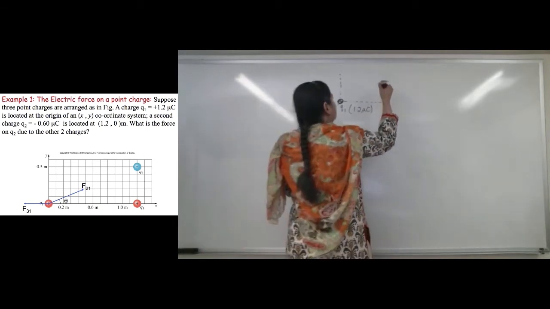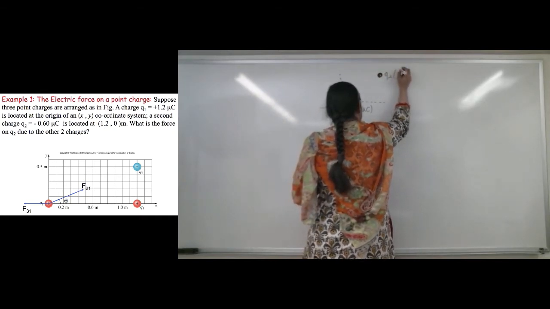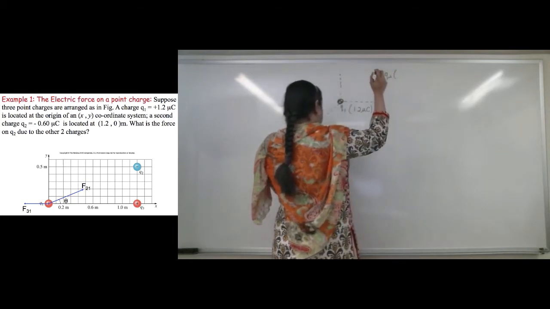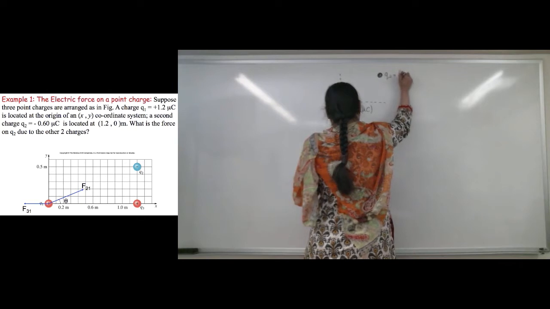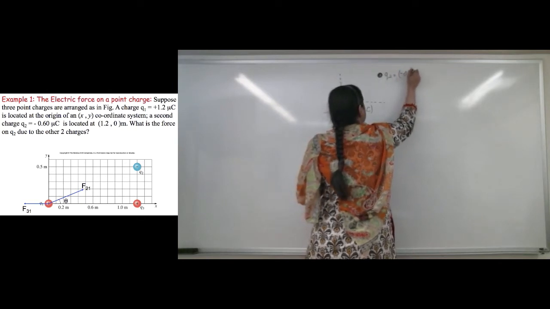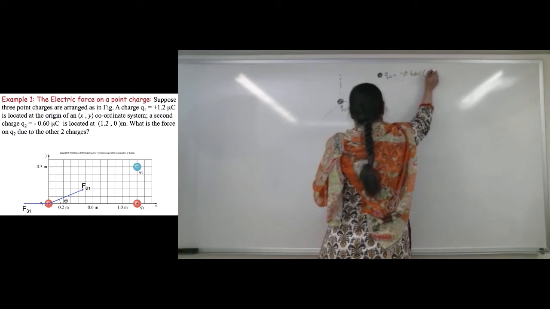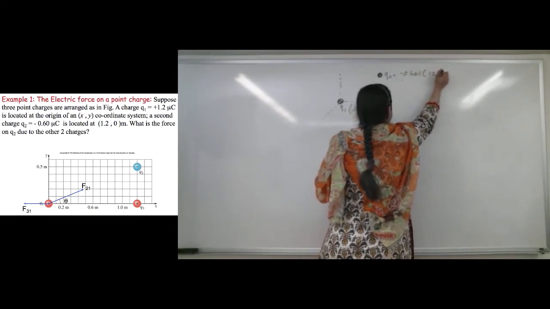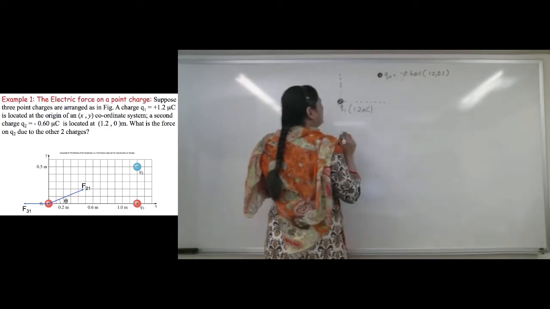Then my Q2 is equal to minus 0.6 microcoulomb, and it is at 1.2 and 0.5, so about here.